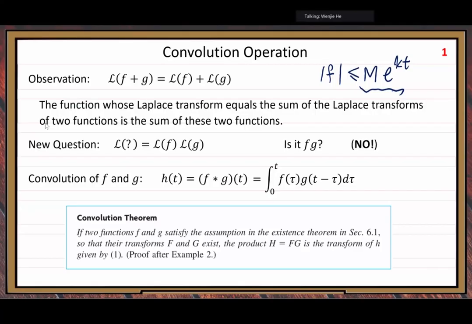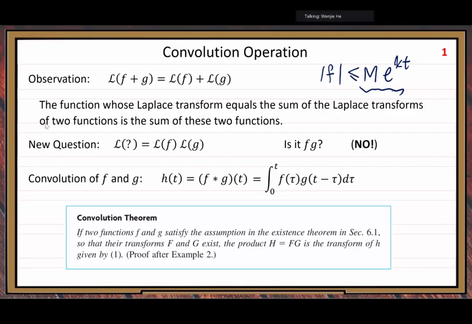The product appears at the capital F, G side. Then capital H is the Laplace transform of little h, which we can calculate by the integral definition of convolution.